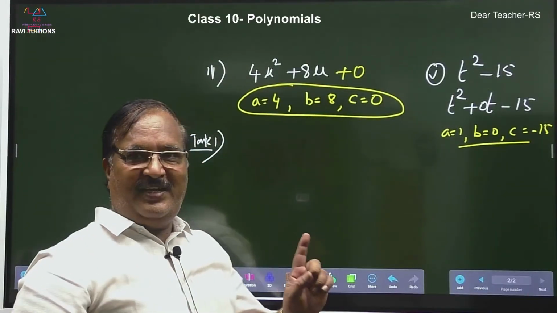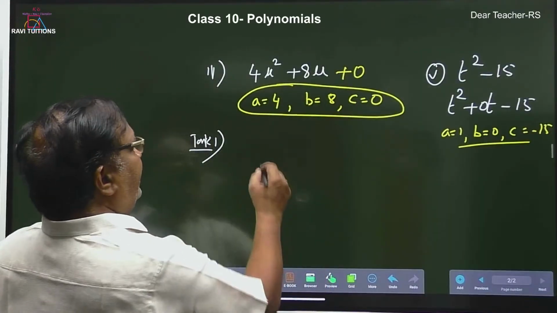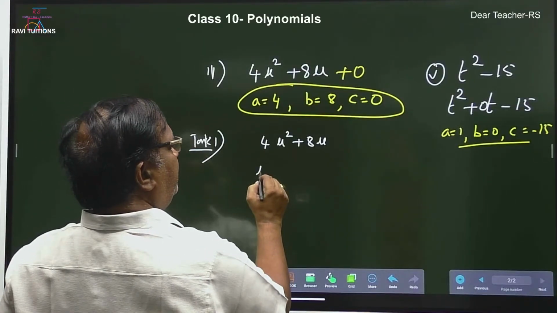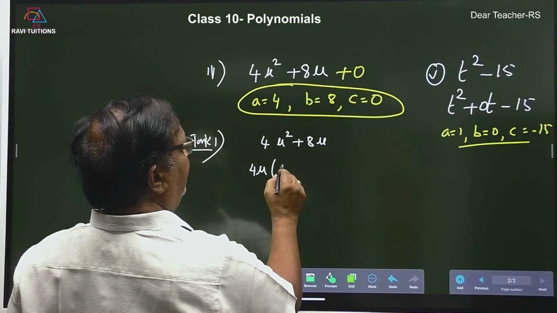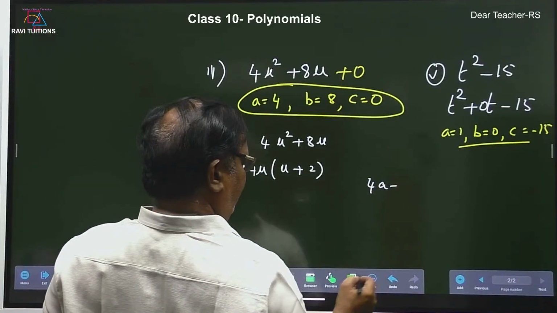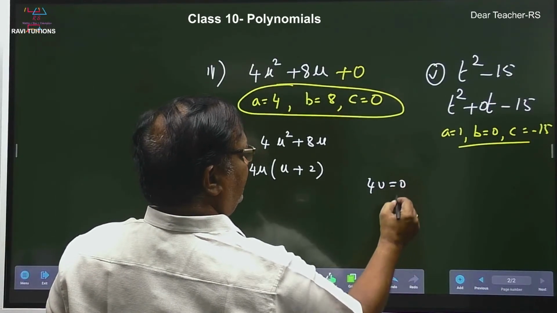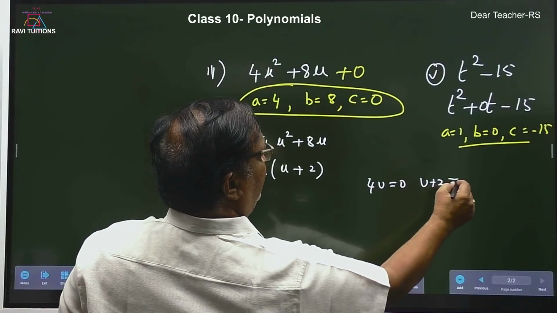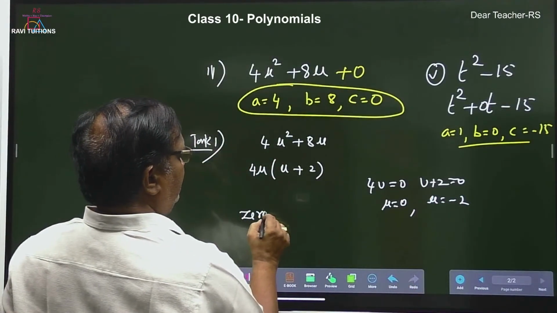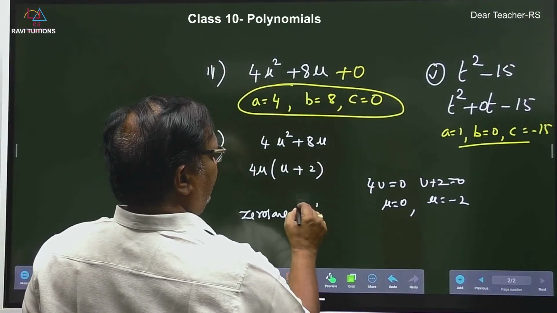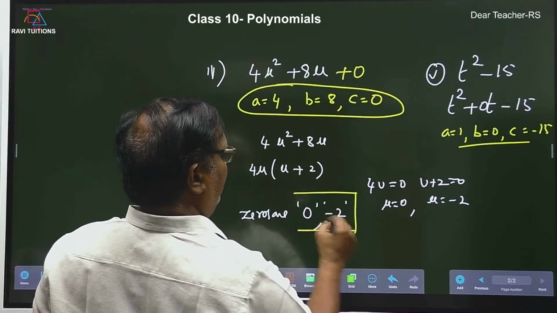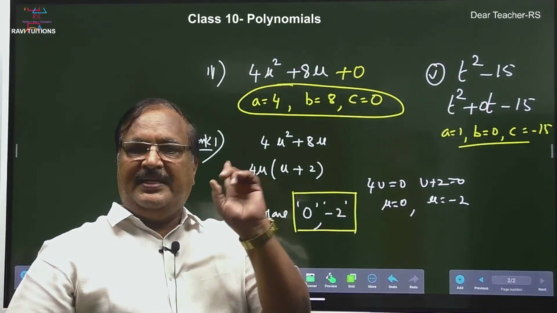Task 1 is to find out the zeros. 4u square plus 8u, let me write here. Now we can take 4u common, so 4u into u plus 2. Now we can take each factor and equate it to 0: 4u is equal to 0 and u plus 2 is equal to 0. So u is equal to 0 and u is equal to minus 2. So now zeros are 0 and minus 2. So 2 zeros. Task 1 is over, right?